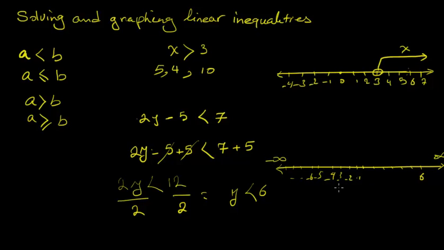Okay. Now we mark our 6, which is here. And so y is less than 6. So all the numbers which are less than 6 can make this statement true.